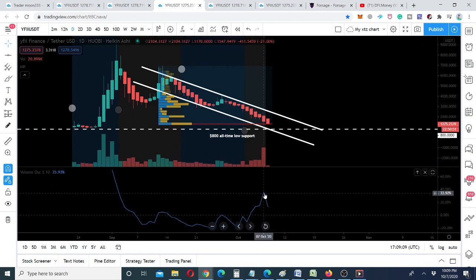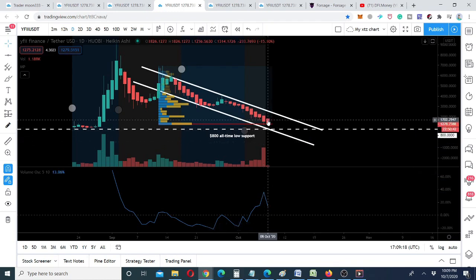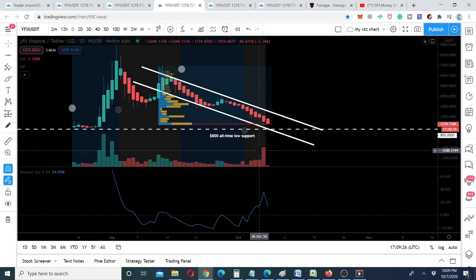Now you can see that the value is 35.93. That is very powerful sell oscillation that can even trigger the price line to break down the support as well. So we need this sell volume to decrease as soon as possible. Otherwise, the price action can have another waterfall crash like it had here to break down the support.